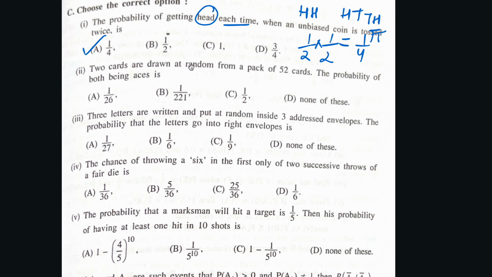Two cards are drawn at random from a pack of 52 cards. The probability of being aces, I'm drawing two cards from a pack of 52 cards. So the first time I draw, it's 4 upon 52. Then the second time there's 3 upon 51.